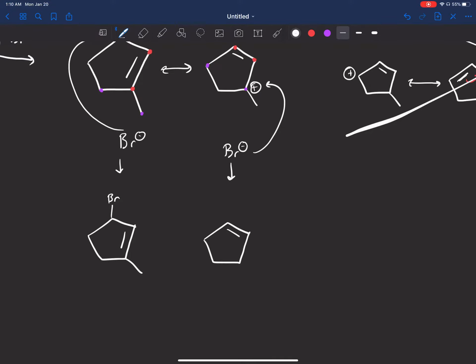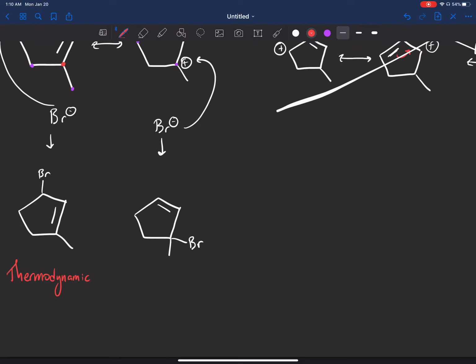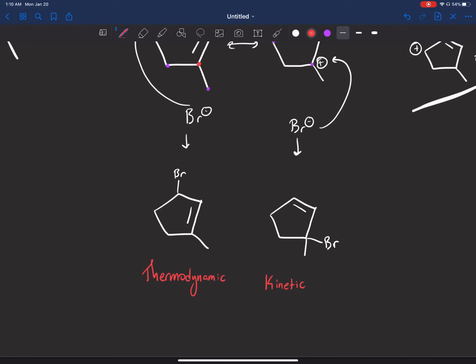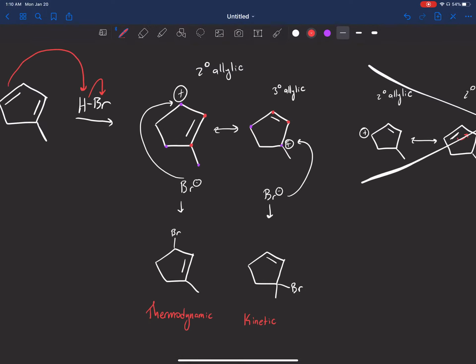Double bond up here now. All right, and so the more stable double bond will be our thermodynamic product. The least stable double bond will be the kinetic product. Right, and that's how we would go about this kinetic versus thermodynamic.